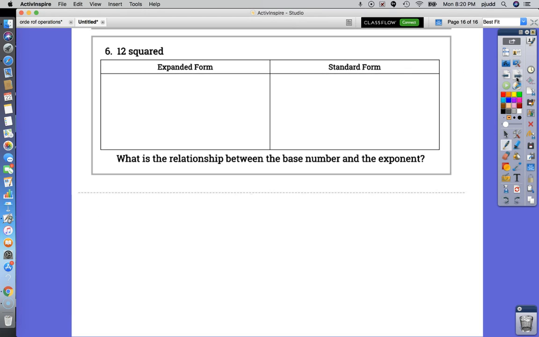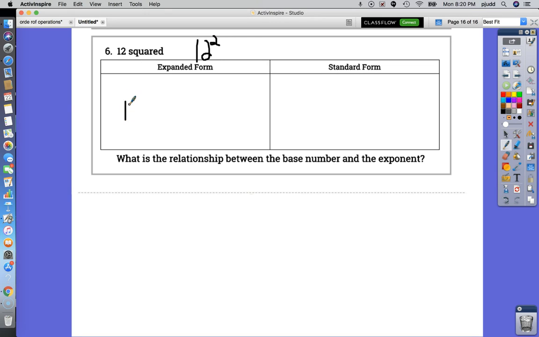And then we're on to our last one, 12 squared. Again, another way to write 12 squared is 12 to the second power. I have a numerical base, and I'm multiplying 12 by itself 2 times.